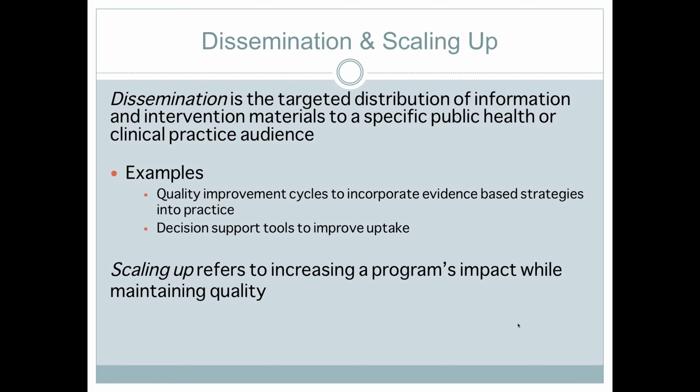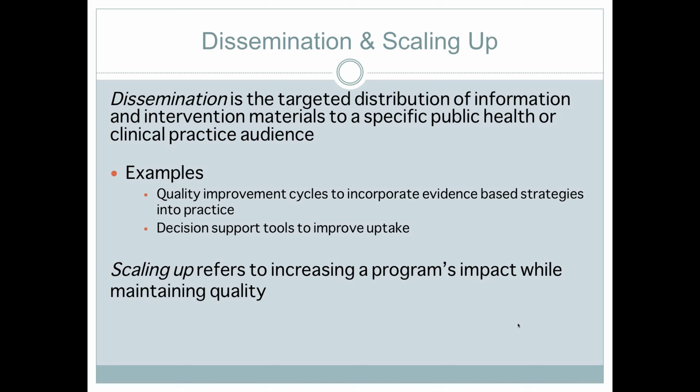And so there's a whole set of strategies that help us understand, once we have the knowledge about what works to solve a problem, how do we make sure that that information is widely disseminated and that we can take a small successful program and scale it up so it really does become something that can affect population health.